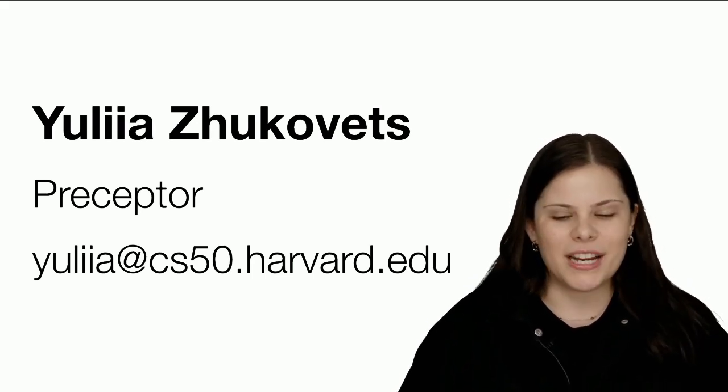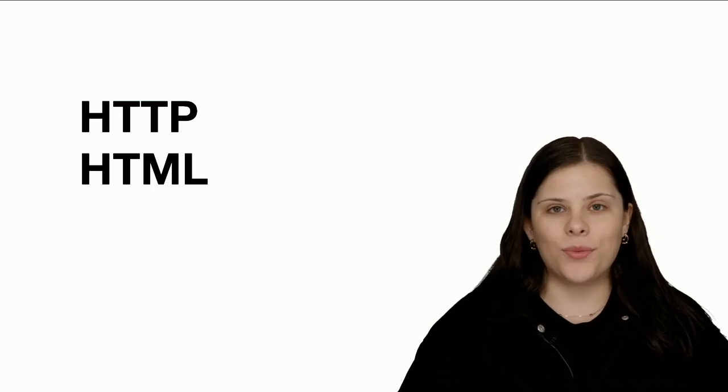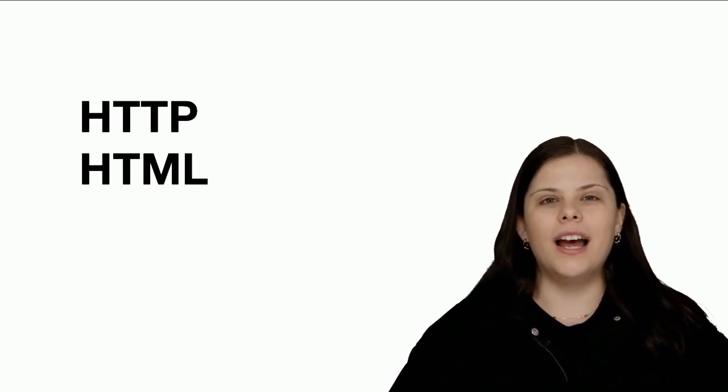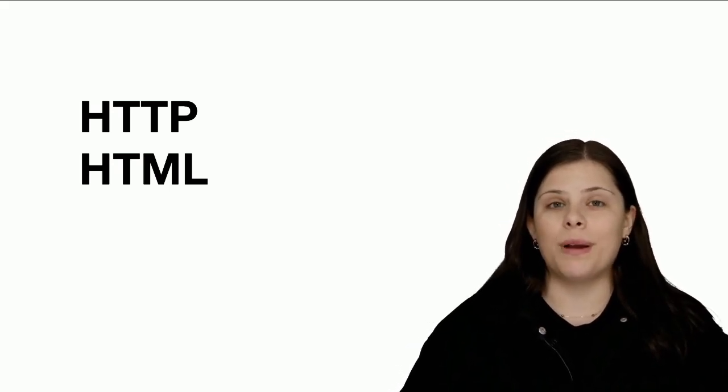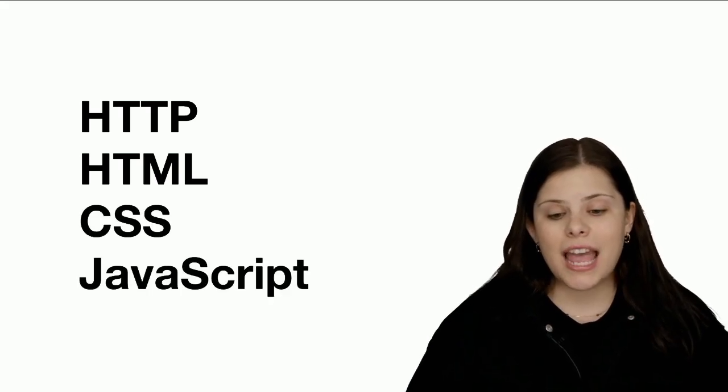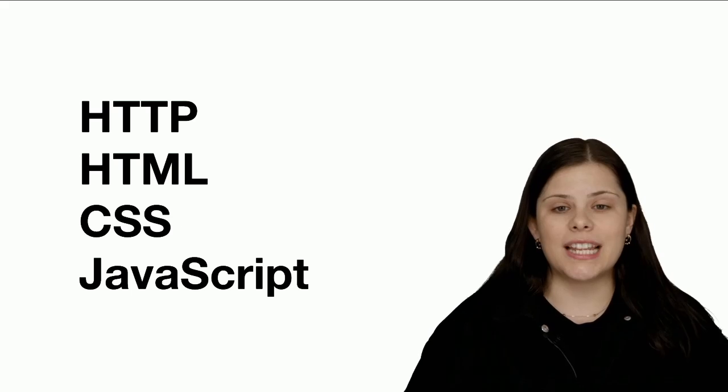So what is on the menu today? Let's talk first about HTTP and what that means. We will then look at HTML, which is like the core, the main elements and tags of our web pages, like something that makes the website functional. And then lastly, we'll jump into CSS and JavaScript.